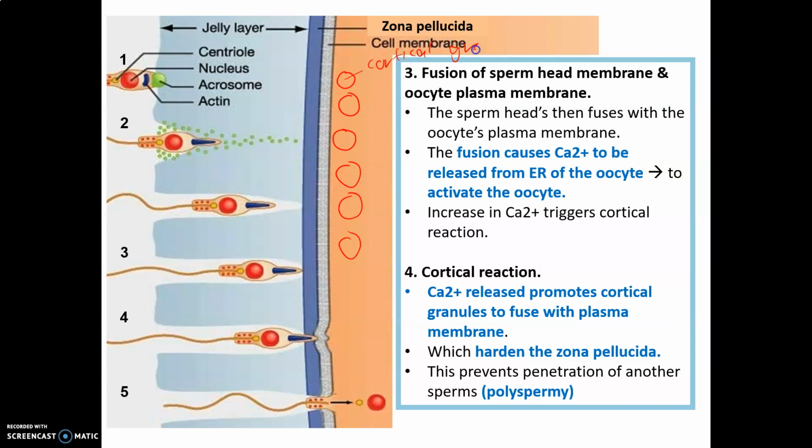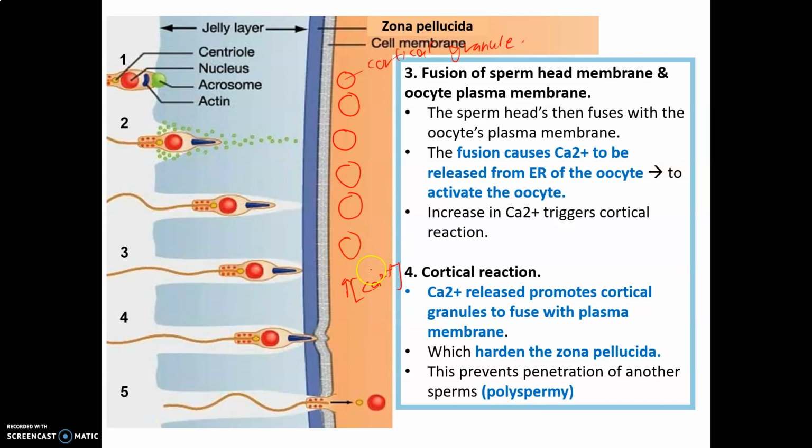Cortical granule ini dia ada mempunyai enzim, banyaklah perkara especially enzim di mana bila sperm fuse dengan secondary oocyte, calcium ion akan increase. The concentration of calcium ion will be increased inside the cytoplasm.